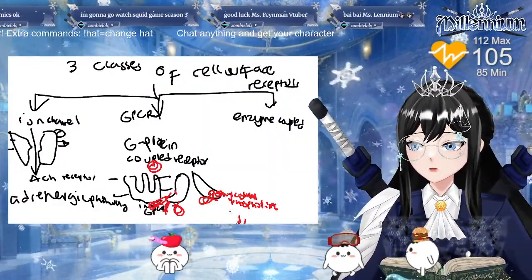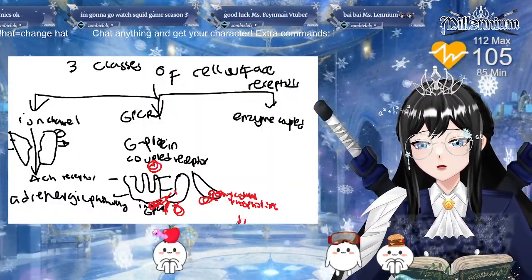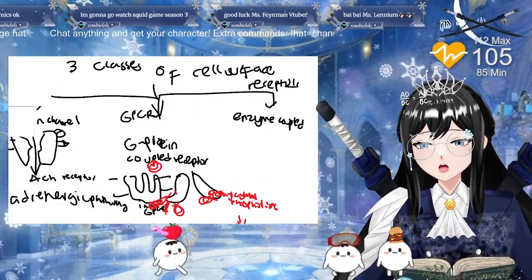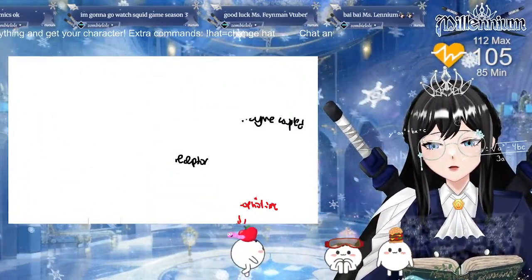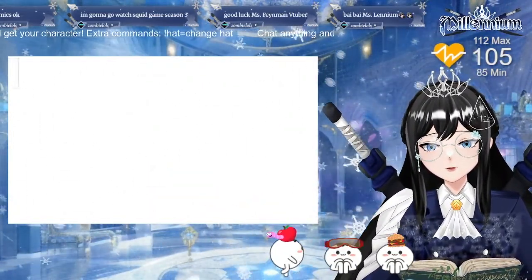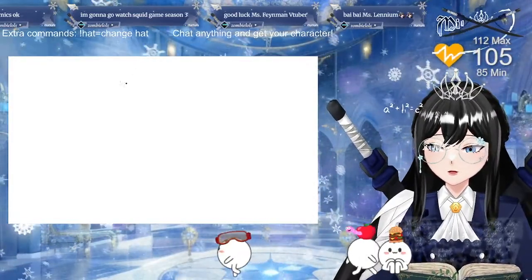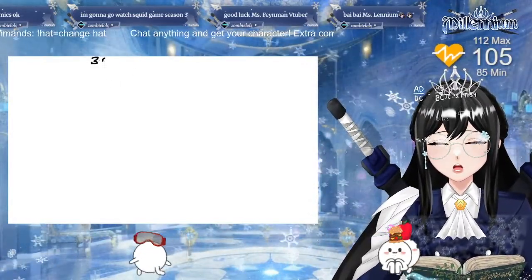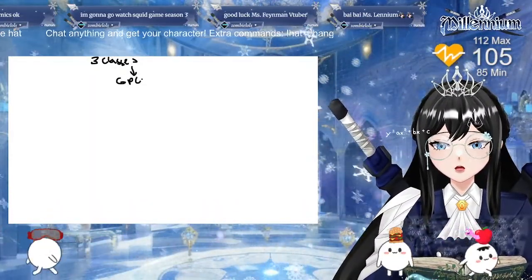Wow, I need more space here. cAMP and IP3 DAG. So again, I'll draw the GPCR again. Three classes earlier: the second class was GPCR.